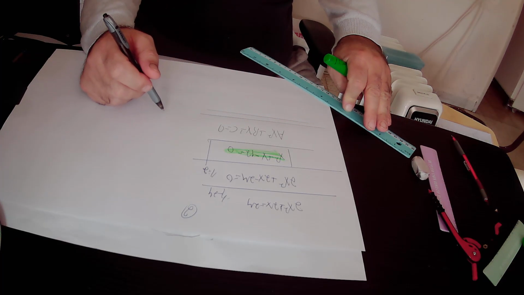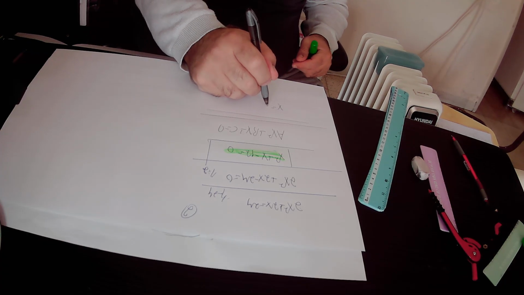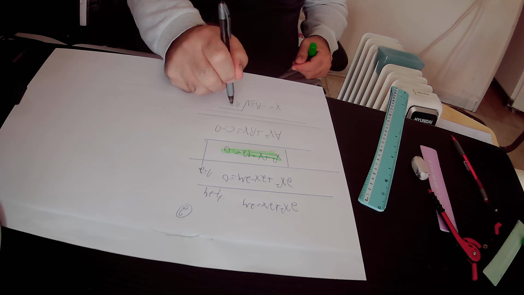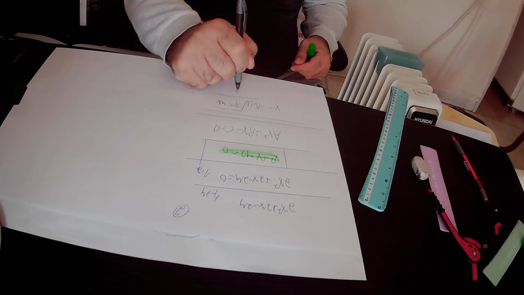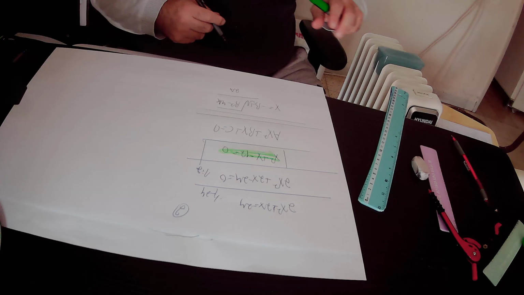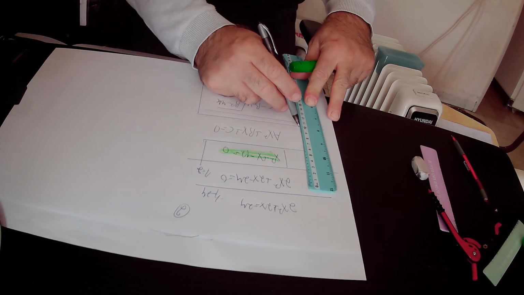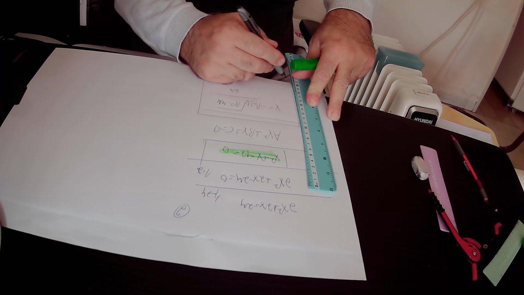And we find out the value of x according to the following formula: x equals minus b plus or minus square root of b squared minus 4 times a times c, over 2a. This is the general formula for x, the variable that we are looking for.